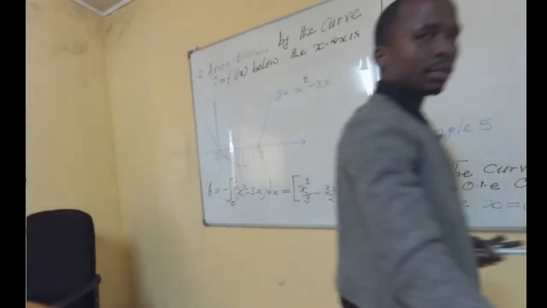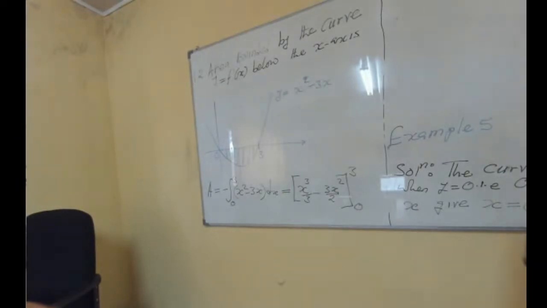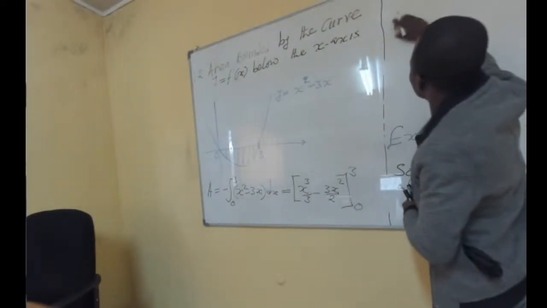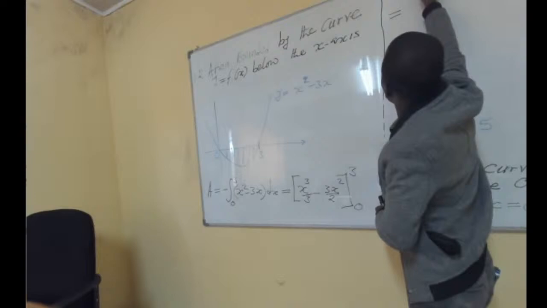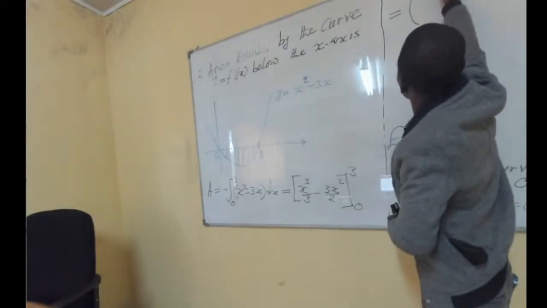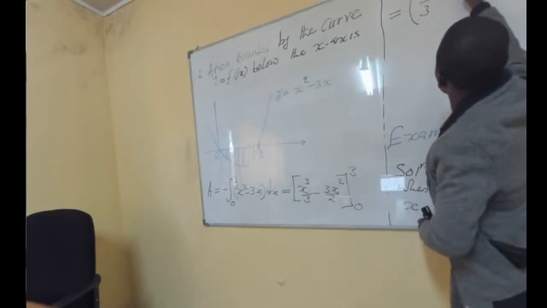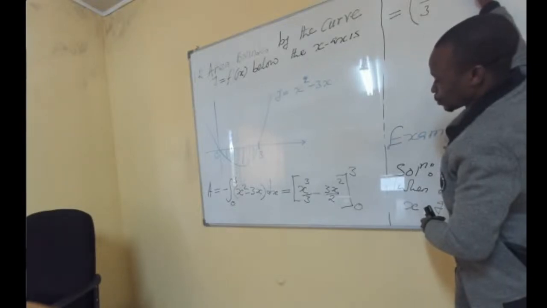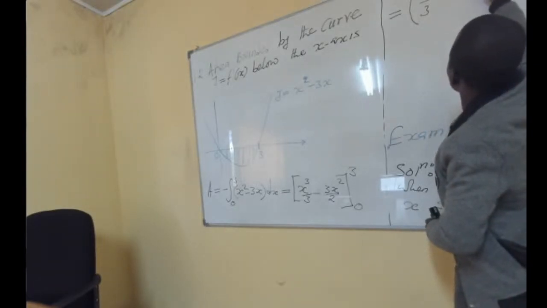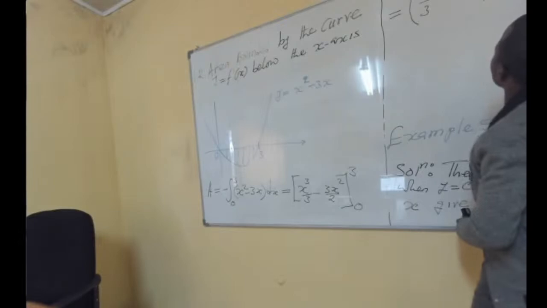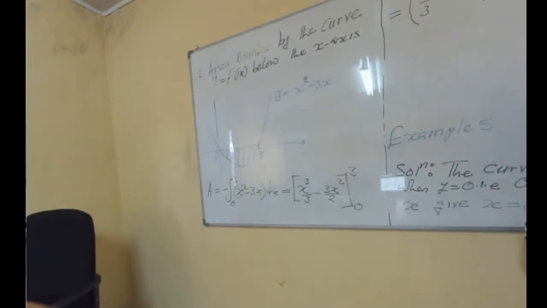So when we compute this, basically each one of us understands what goes on. Using the fundamental theorem of calculus, this is just equal to 3 to the power 3 over 3 minus 3 multiplied by 3 squared over 2, then everything minus 0 cubed over 3 minus 3 times 0 squared over 3.